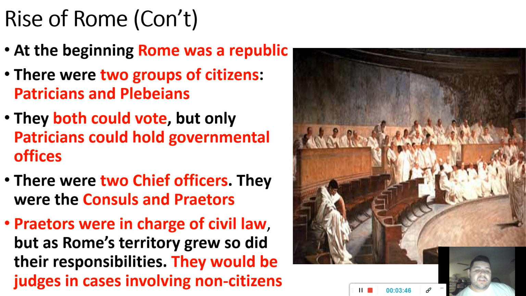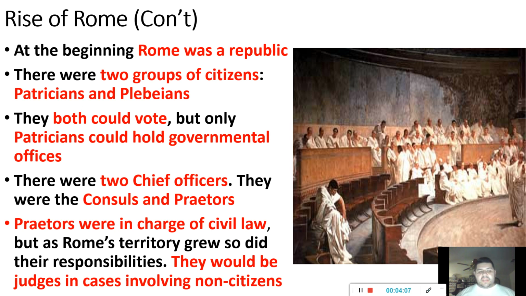Now there were two chief officers in Rome: the consuls and the praetors. The praetors had a unique job in which they were in charge of civil law, things that were happening inside Rome.